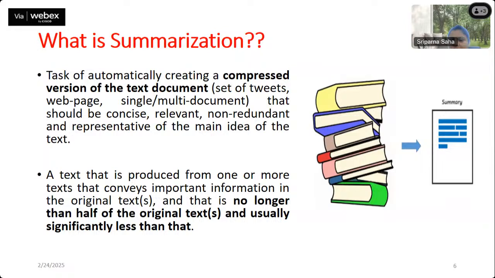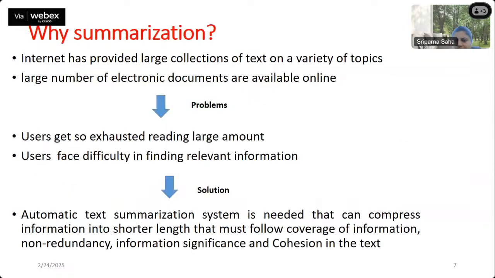So basically you have a huge amount of text data and nobody has time to go through such long text data. What we want is a concise summary, so that we can read the summary and understand the entire document. So this is the summarization task.